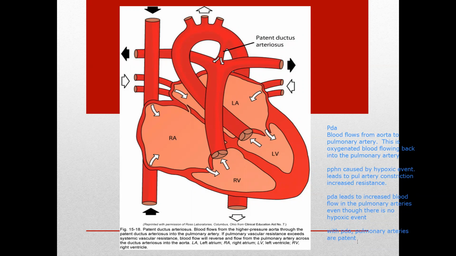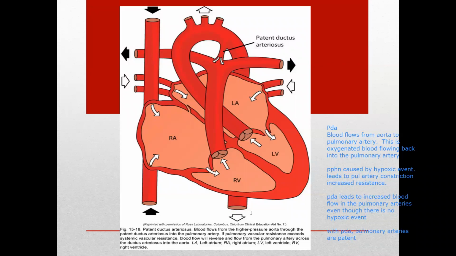The problem is there's just so much blood flowing through them. It's causing increased pulmonary artery pressures. Yeah, sounds better. Okay.